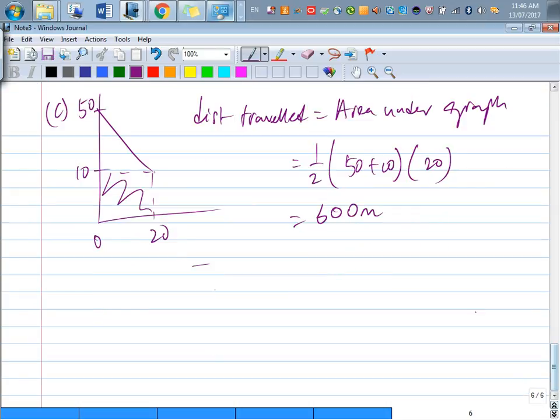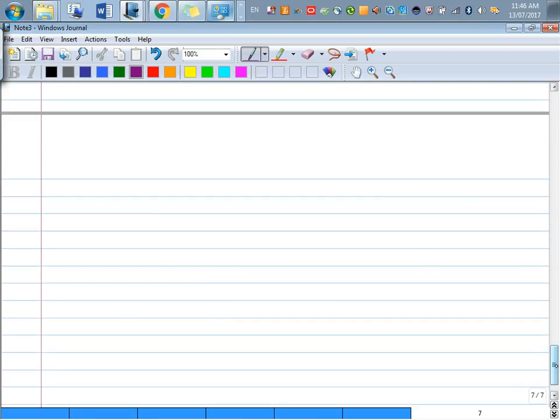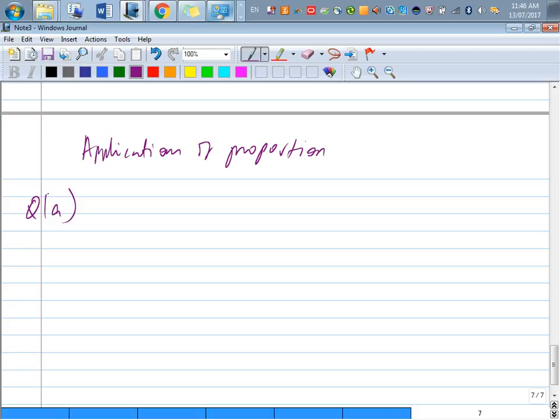Okay. So next, applications of proportion. Question 1A. The distance S traveled is directly proportional to the square of traveling time t. When you get a proportion type of question, immediately form the equation. Vincent, what is the equation that we have?